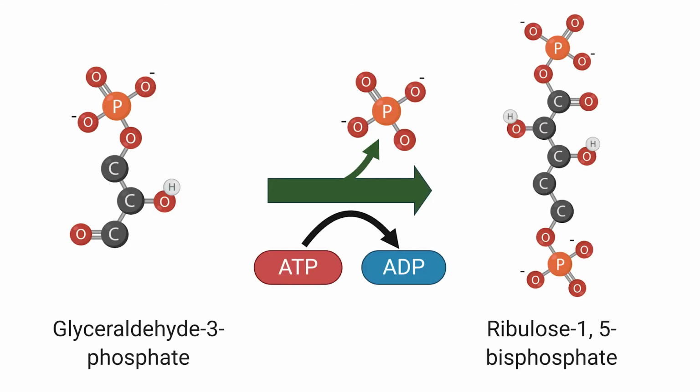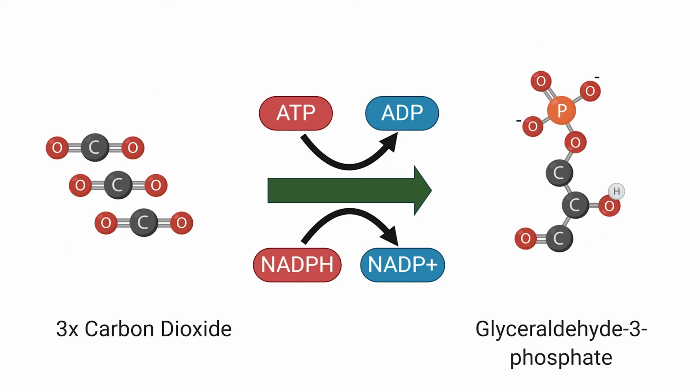Finally, 3 more ATP are used up to convert the remaining 5 glyceraldehyde 3-phosphate molecules back to 3 ribulose bisphosphate molecules, which can then be put back into the cycle. The original 3 carbons from the 3 CO2 molecules have been combined into glyceraldehyde 3-phosphate, using the ATP and NADPH produced by the light reactions.